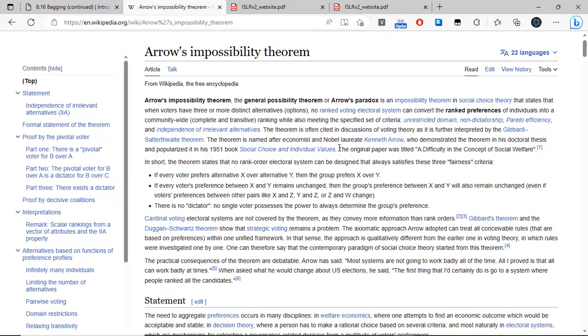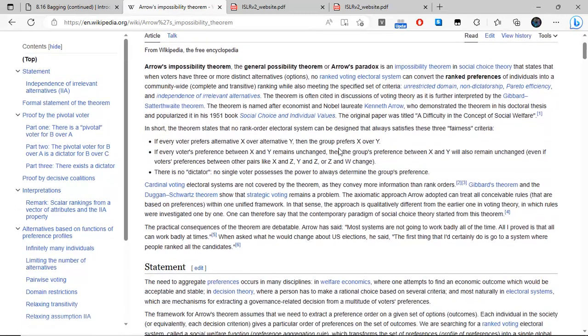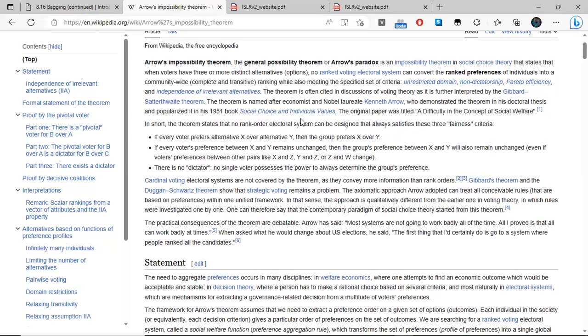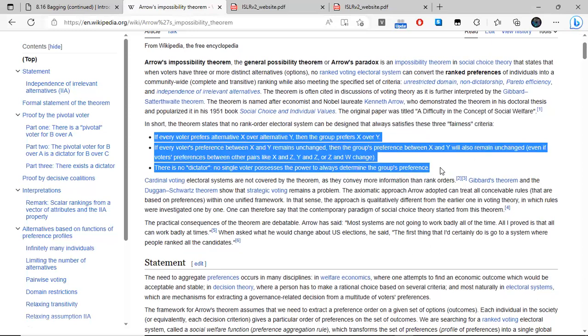However, it turns out that if there are more than two possible choices, so like more than two candidates, then there does not exist any electoral system or voting system that holds this type of fairness criteria.